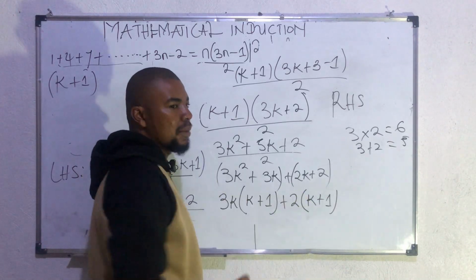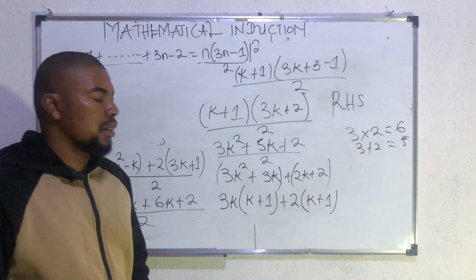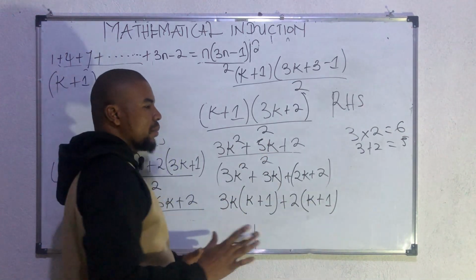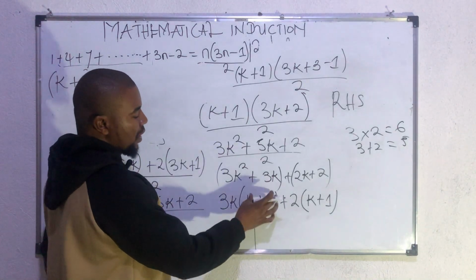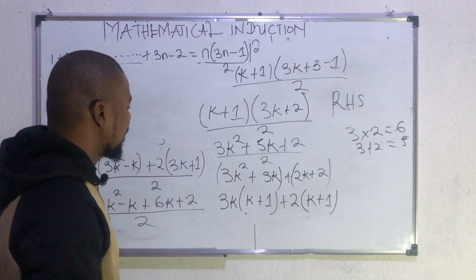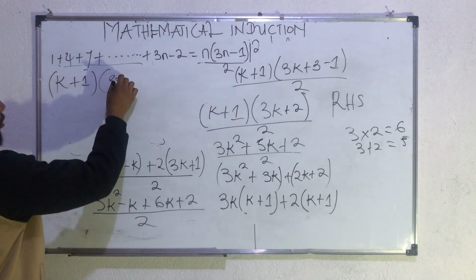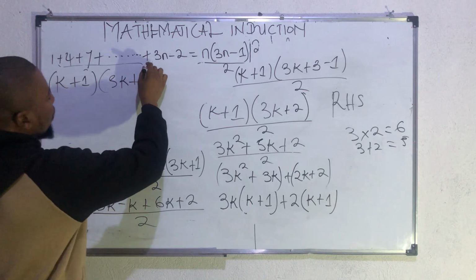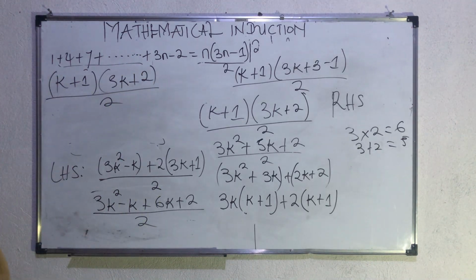If they are not the same, then there is a problem. So you pick one of the terms in the bracket and the other outside the bracket. Hence, we're going to have 3k plus 2, all over 2.